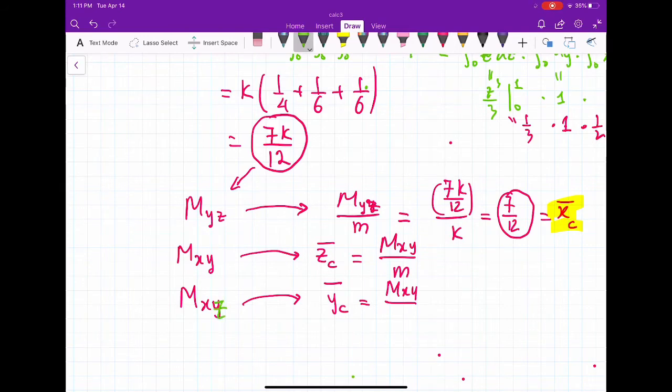So by doing so, you can find the center of mass. Basically, we need to find the mass first and then the first moments.